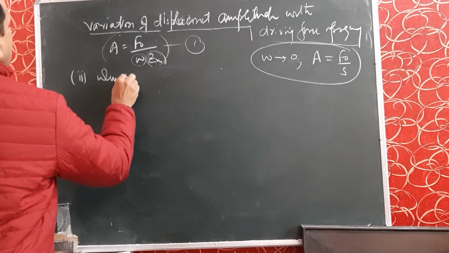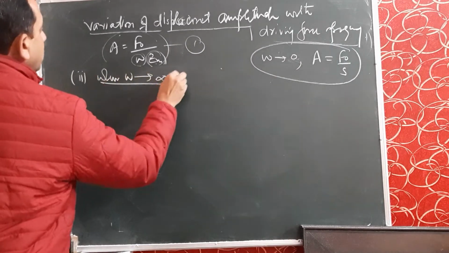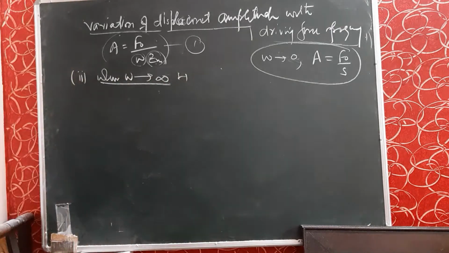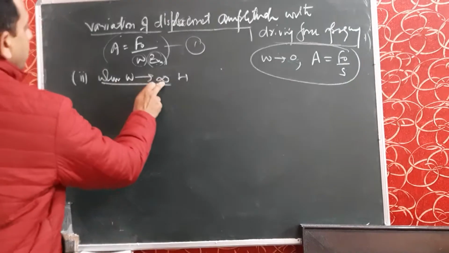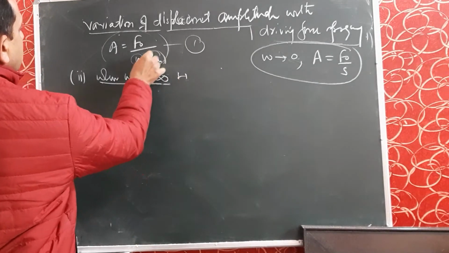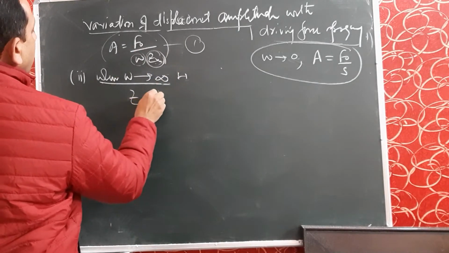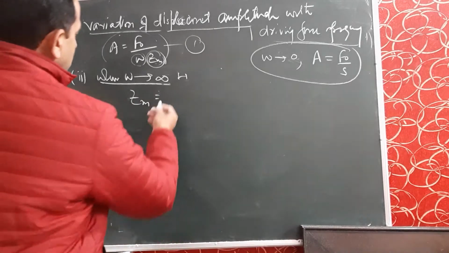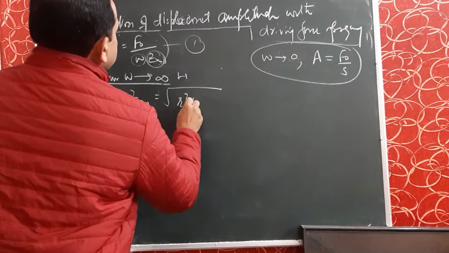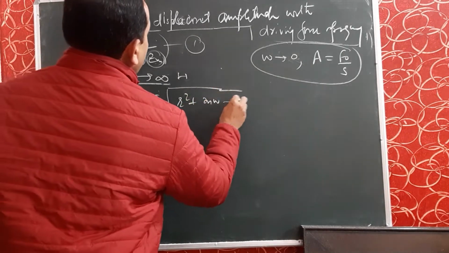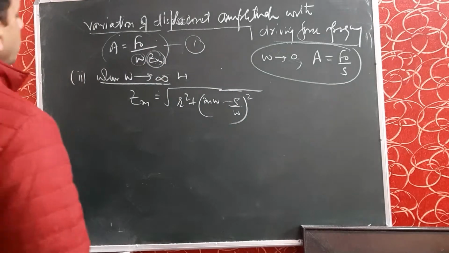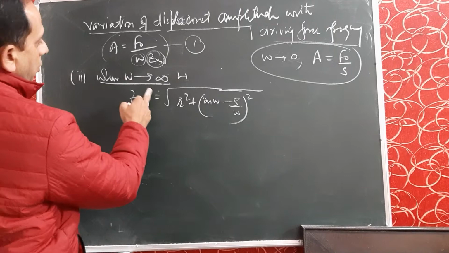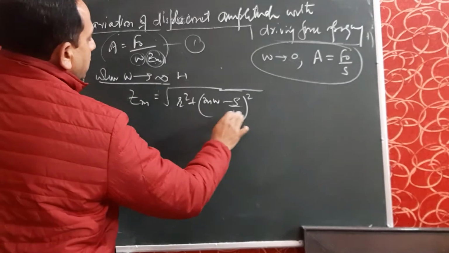When omega tends to infinity, that is, at very high frequencies, first of all we have to find the value of Zm. You know Zm is the square root of r square plus (m omega minus s by omega) whole square. Put omega as infinity on the right hand side.